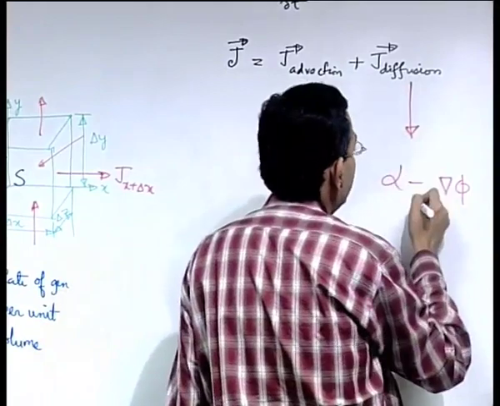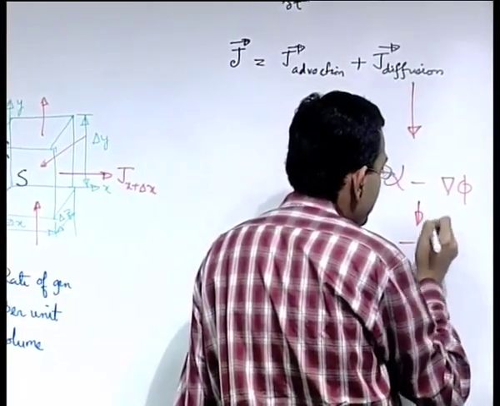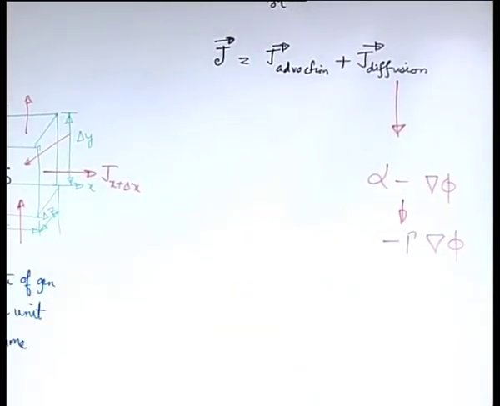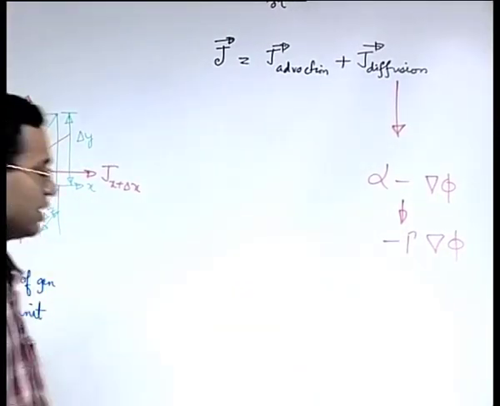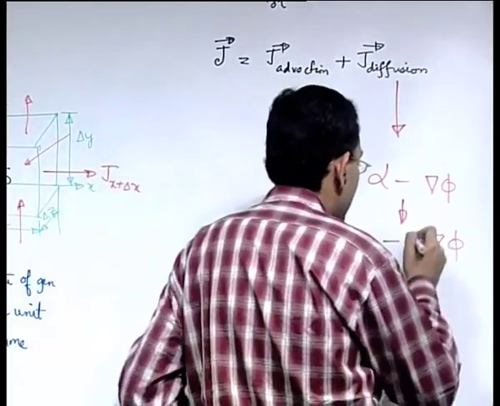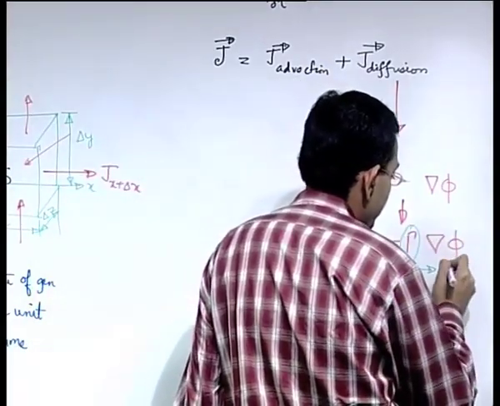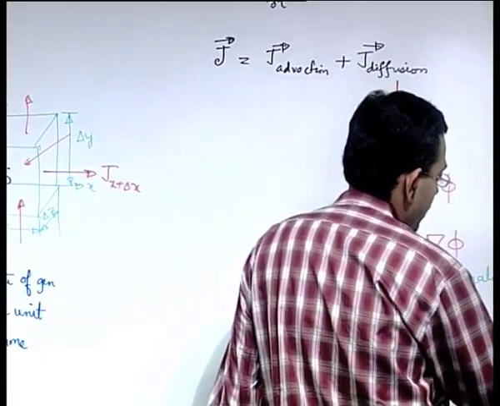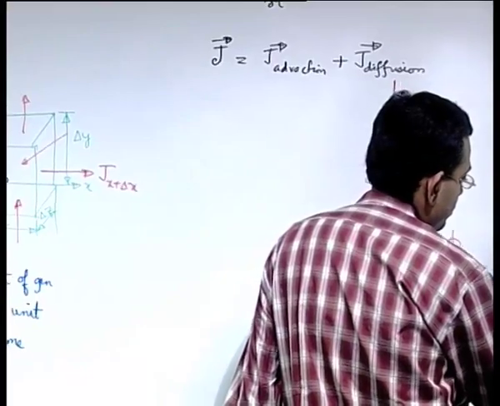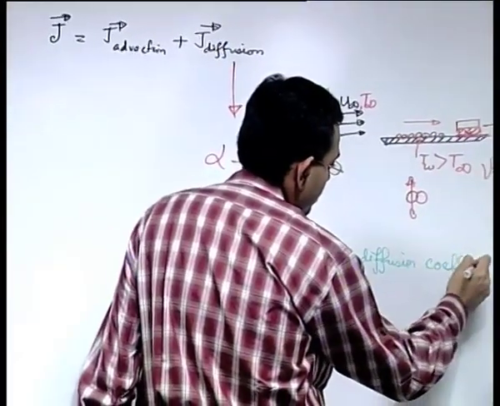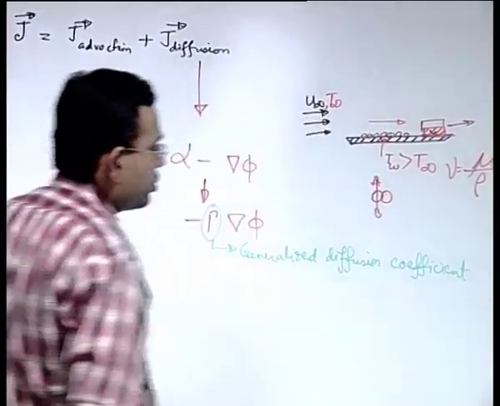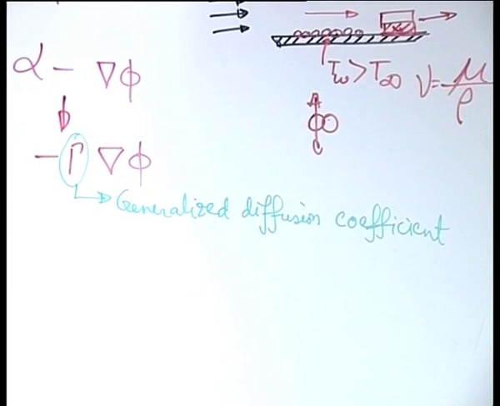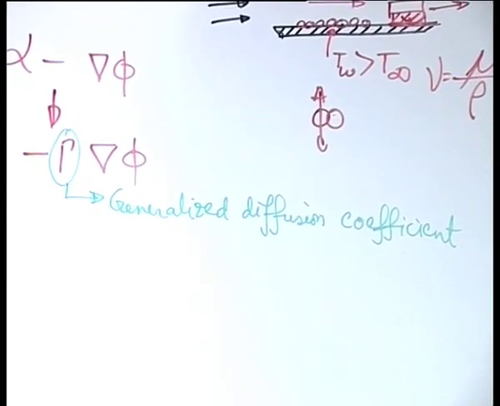So, we can write the diffusion flux as minus a constant of proportionality times the gradient in the variable phi, where this gamma is called a generalized diffusion coefficient. So, for momentum transfer it is something, for heat transfer it is something, it is just different for different transports.